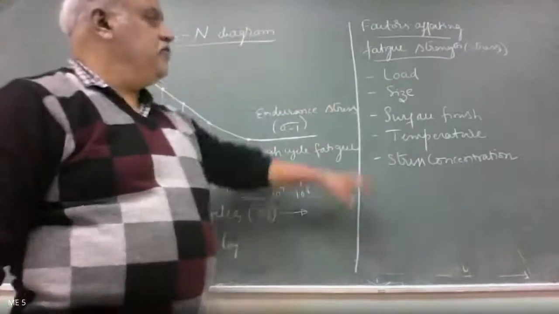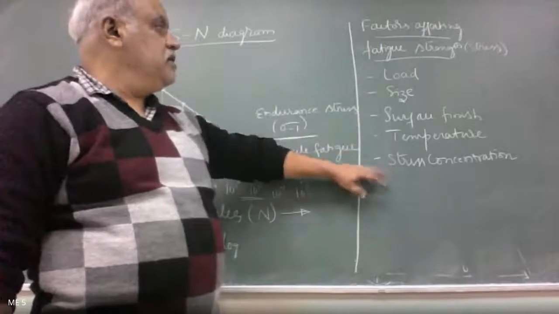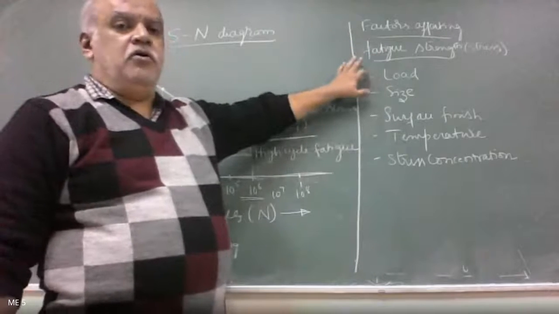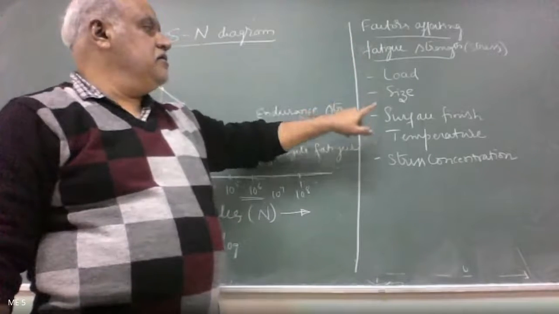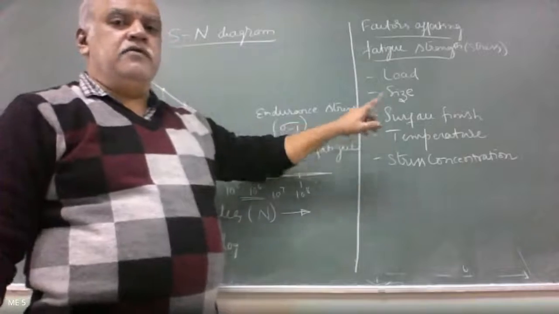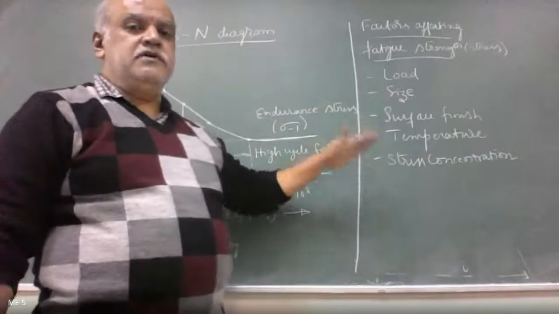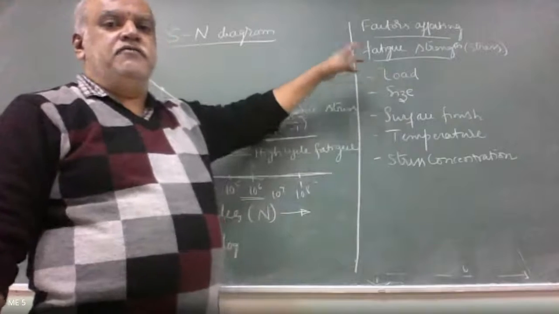So these are the 5 factors which would affect fatigue stress of a component. If the surface finish is poor, the fatigue stress will come down. If the surface finish is excellent, the fatigue stress will increase.